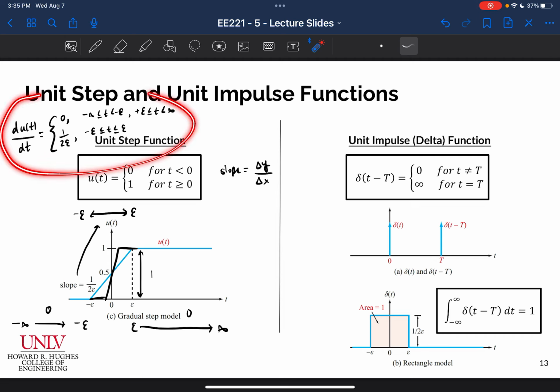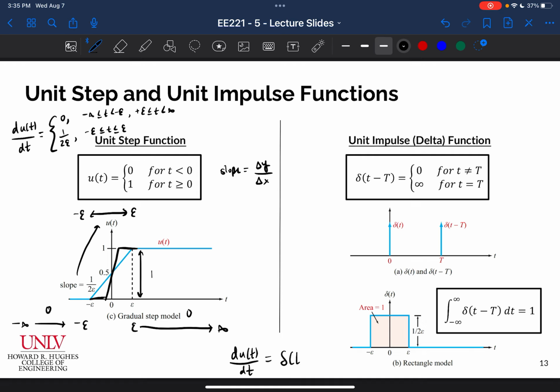That's literally this function. And so that is proof that we can say that the derivative with respect to time of the unit step function is equal to the unit impulse function. And that is how the two are related. The unit impulse function is the derivative of the unit step function.